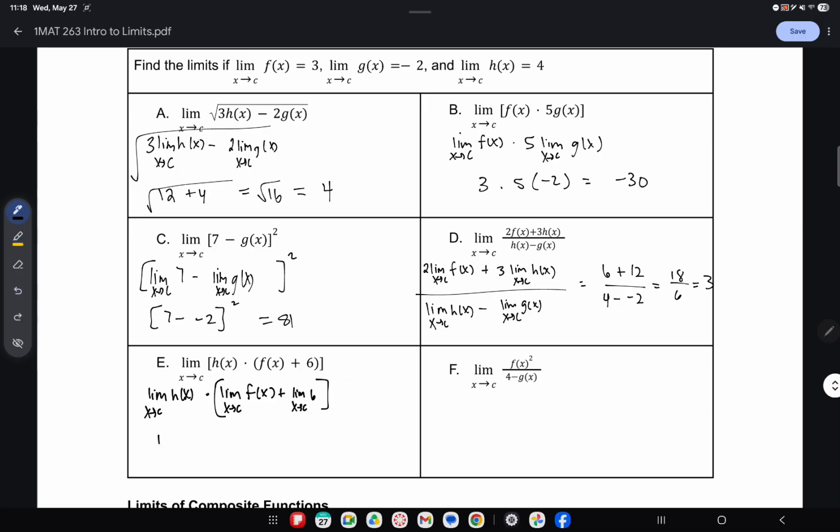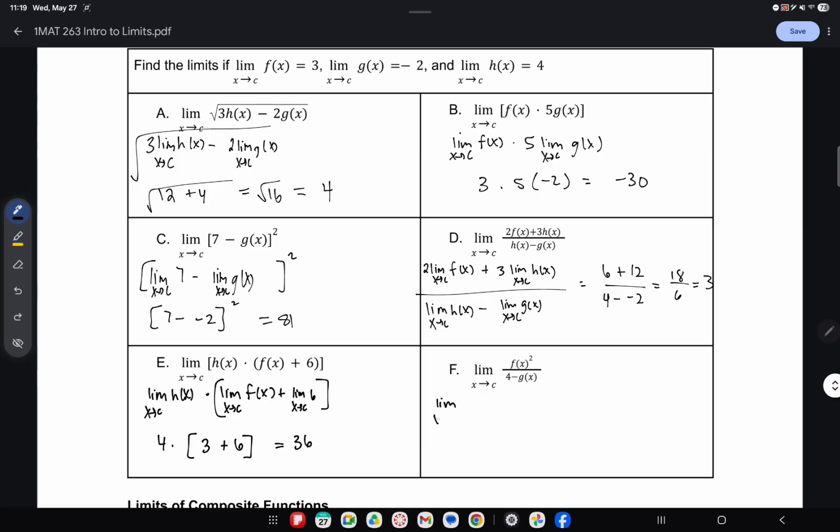So h was 4, f is 3, and then that's a constant, so that is just 6. 6 plus 3 is 9. 9 times 4 is 36.